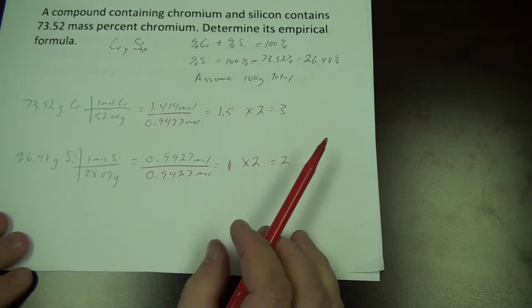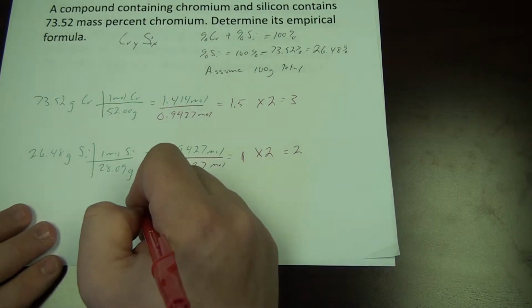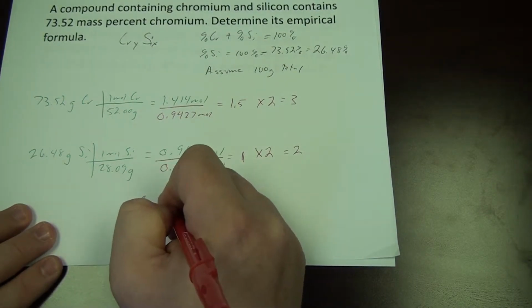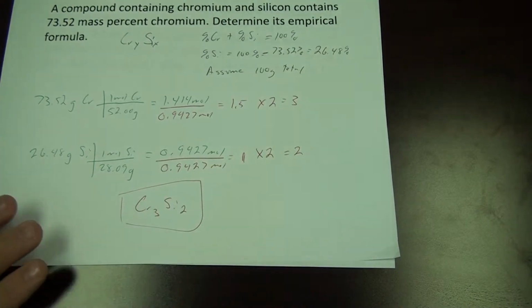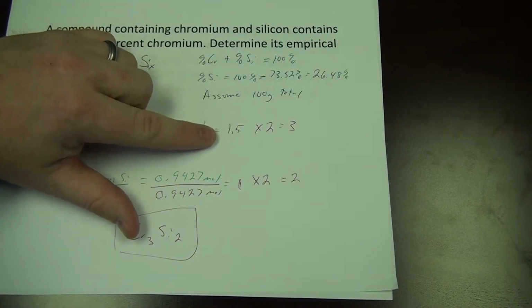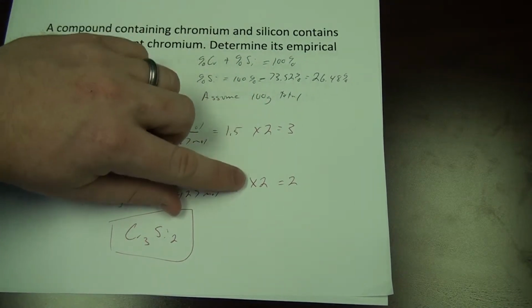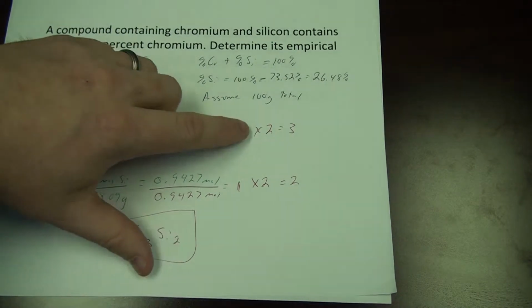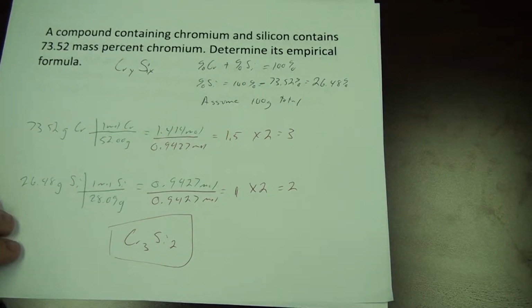Therefore, our empirical formula between chromium and silicon in this case is going to be Cr3Si2. Again, if we don't end up with a number that's approximately equal to a whole number, then we have to multiply both of them by some value to get everything to be a whole number.